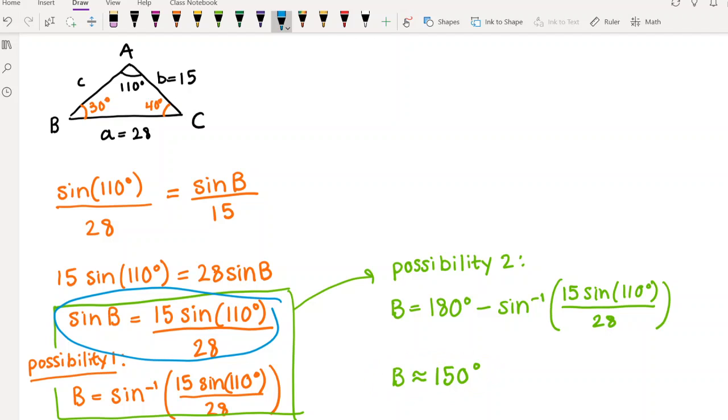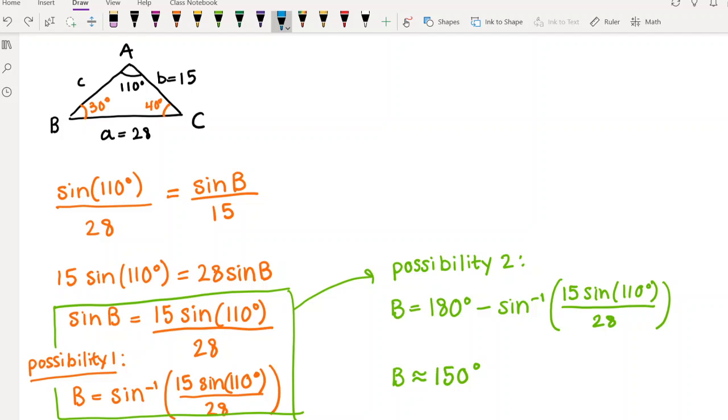But looking at the triangle that we have, I want you to think about why it's not possible that B could be equal to 150. The reason is because our triangle already has an angle of 110. So if we were to add in 150 to that, that's going to give us something that is too big, right? You can only have 180 degrees in a triangle.